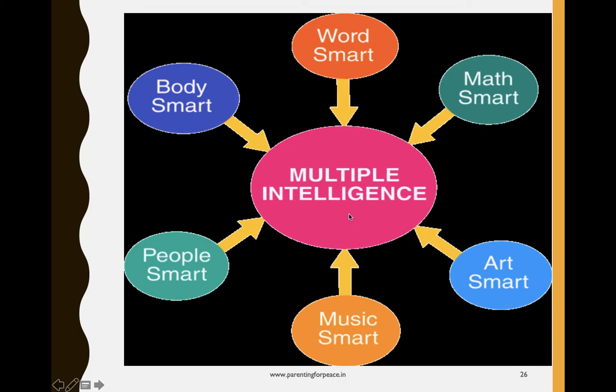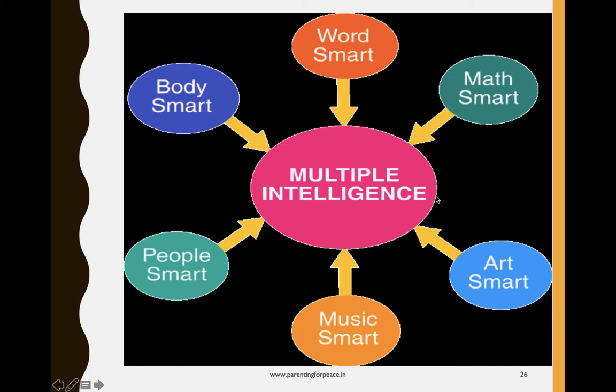So in teaching English for young learners, we need to consider that they have to be body smart, word smart, math smart, art smart, music smart, people smart. At least we introduce them to some activities that boost these particular competencies.